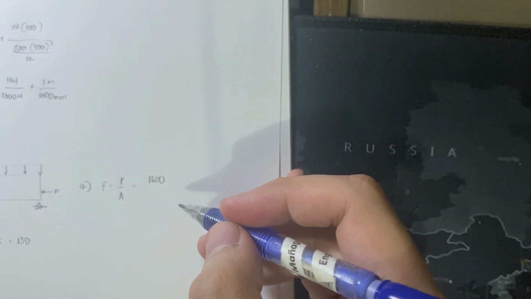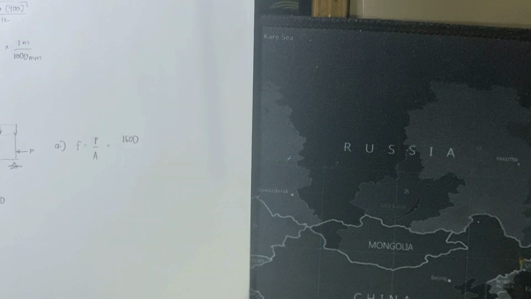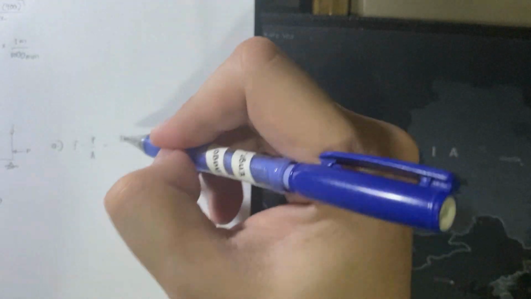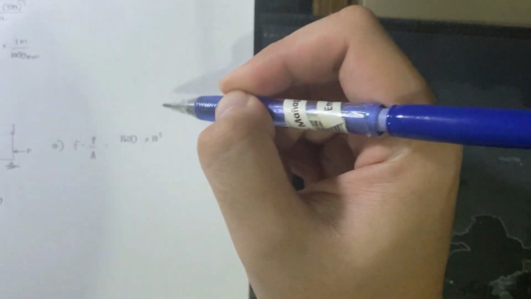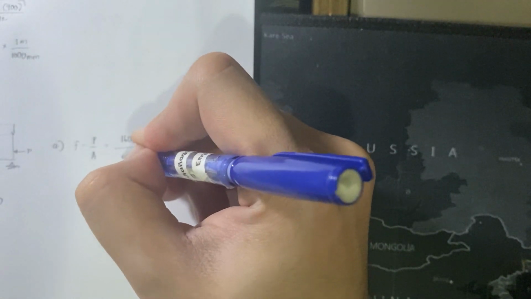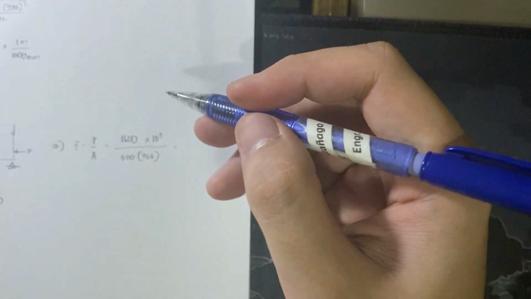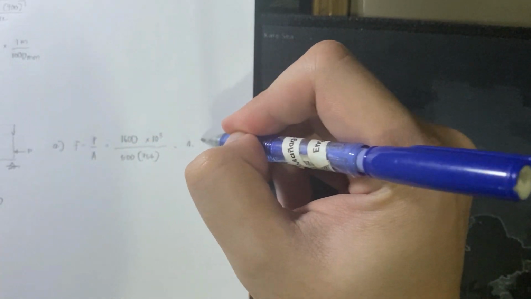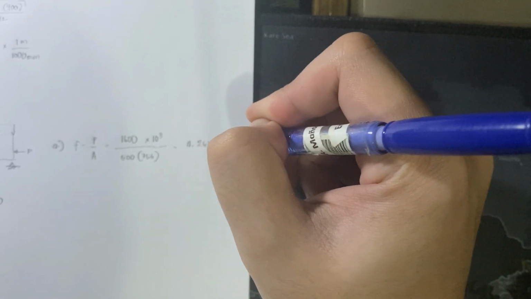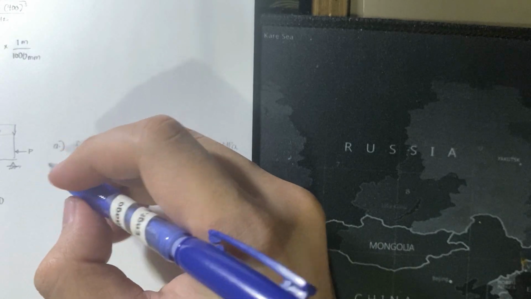So the applied force is P is equal to 1,600 kilonewton divided by the area, 500 times 750. So that would be 4.2667 megapascal or Newton per mm squared.